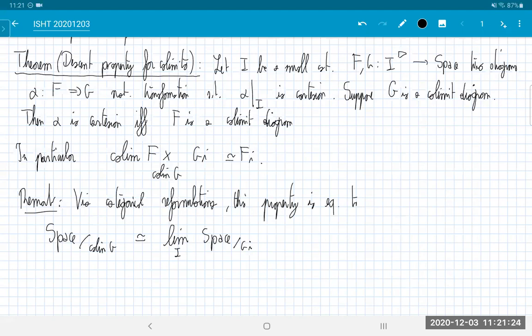So giving a space with a map to the colimit is equivalent to giving a space over each G_i in a compatible way.